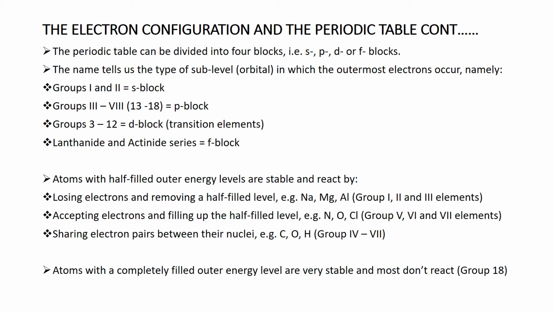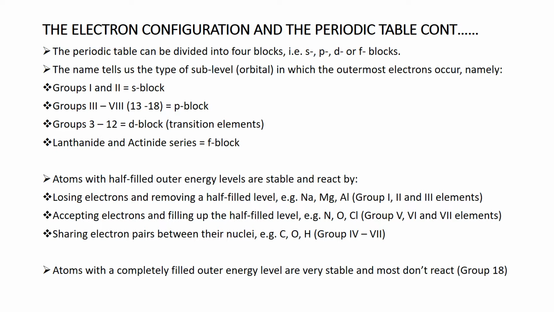And then we have atoms with a completely filled outer energy level, and they are very stable and most do not react. Those are your group 18 elements, your inert or noble gases, your neon, your helium, your argon. They mostly do not react because they already have a filled outer energy level.